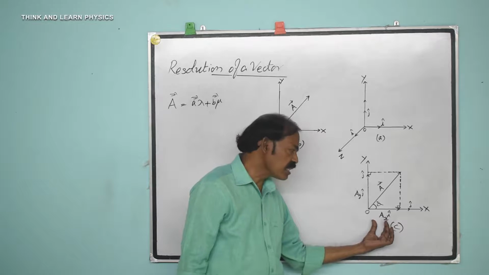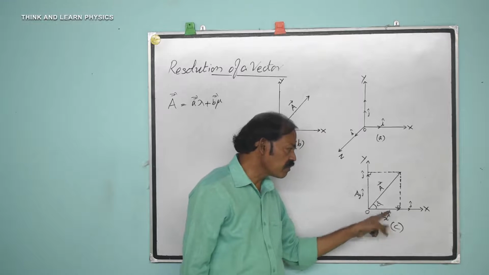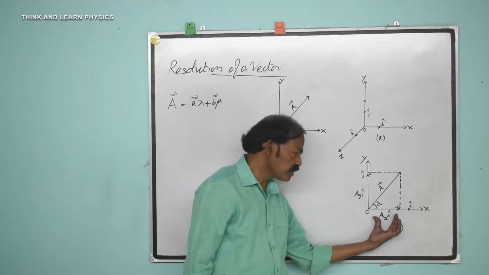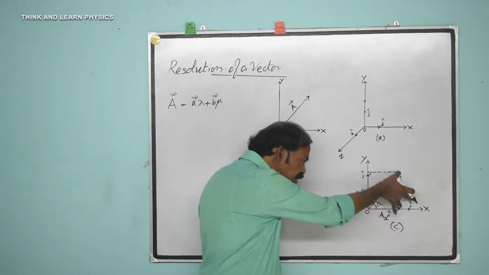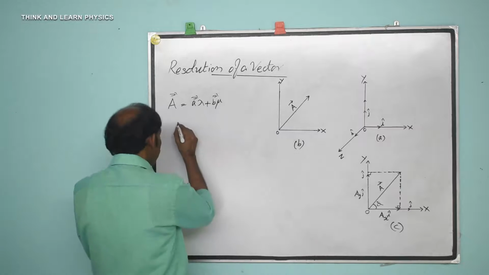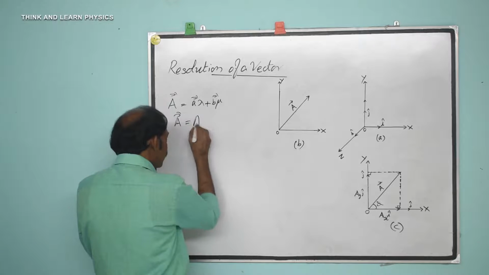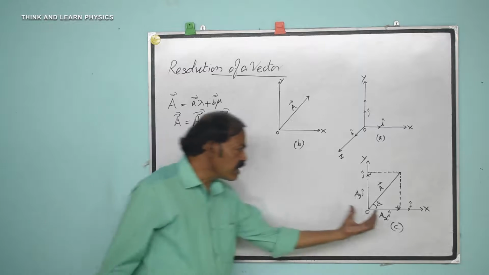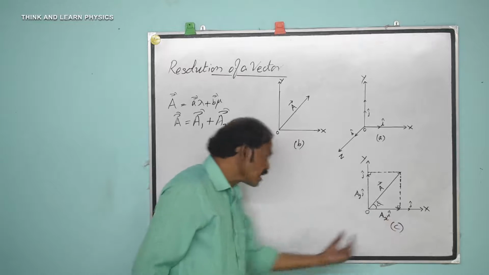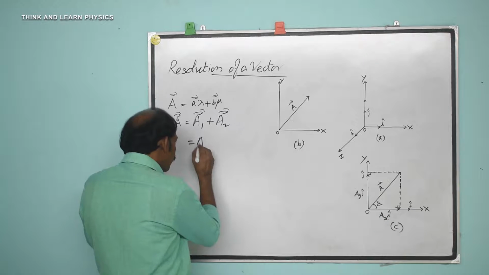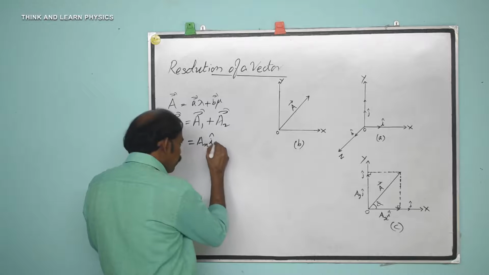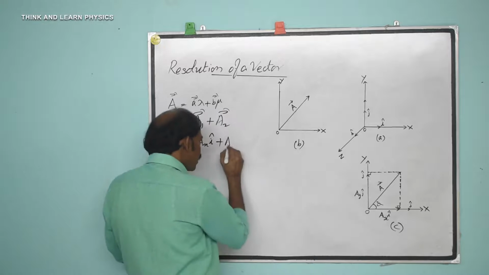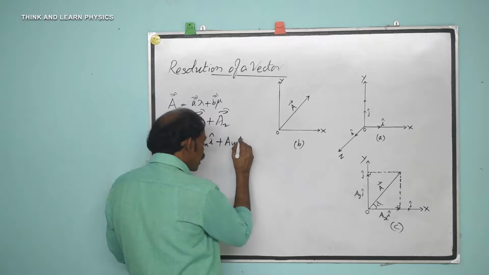Ax is the modulus of the X component of the A vector, and the vector component is given by Ax into i cap. If this is the A1 vector and this is the A2 vector, then we can express the capital A vector equals A1 vector plus A2 vector, where the A1 vector has the magnitude Ax, so this is equal to Ax into i cap, plus the A2 vector, which means Ay into j cap.